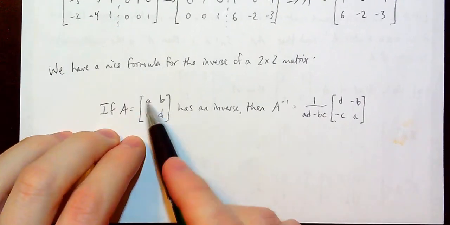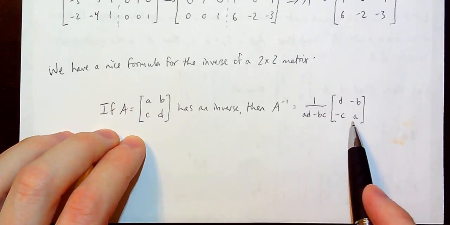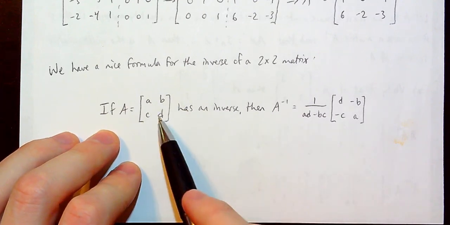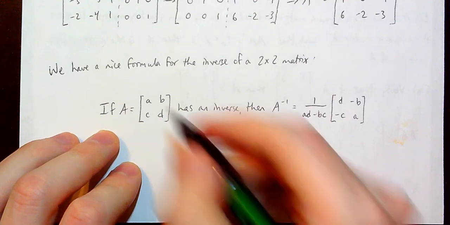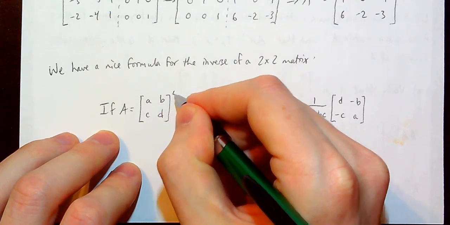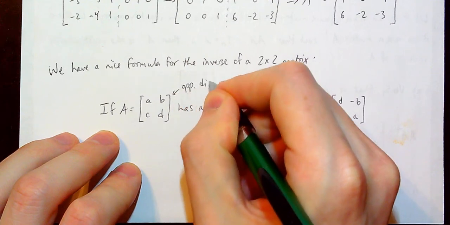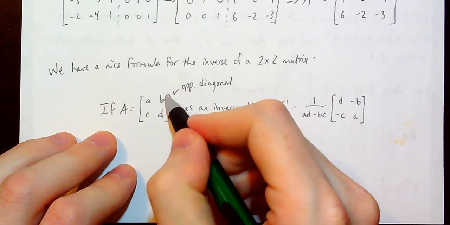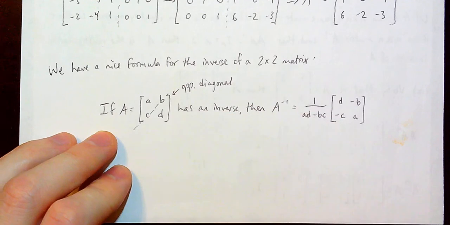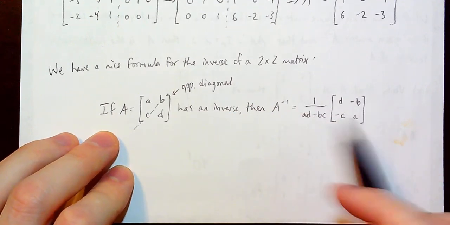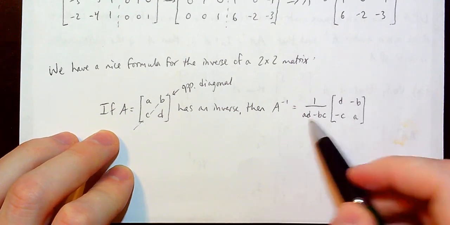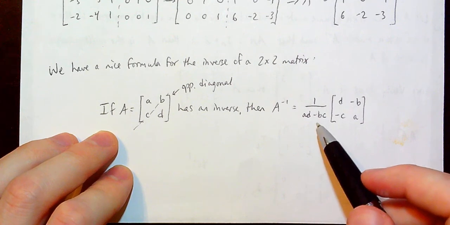So A turns into D, and D turns into A. And then we negate the other two entries, those on the opposite diagonal, B and C. Then we multiply each of these entries by 1 over A times D minus B times C.